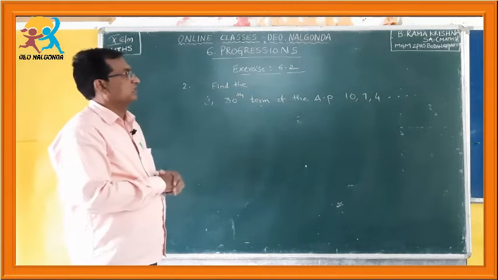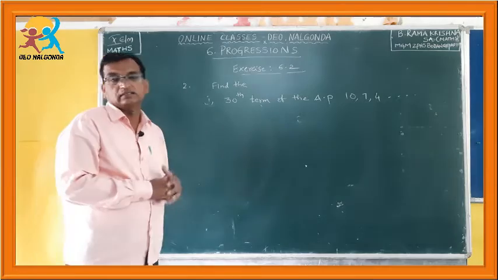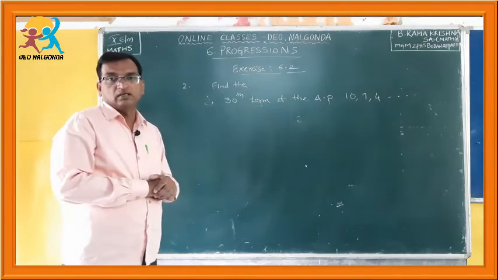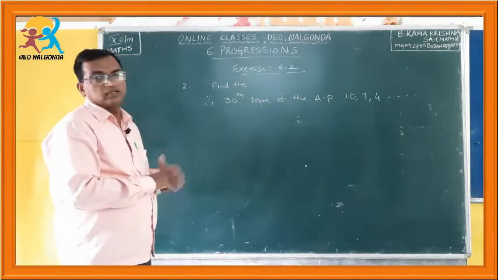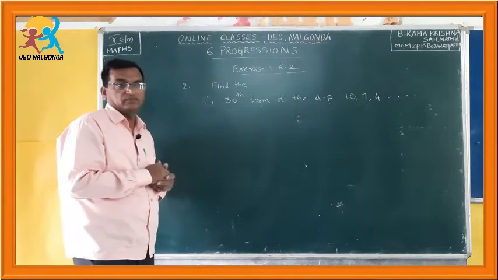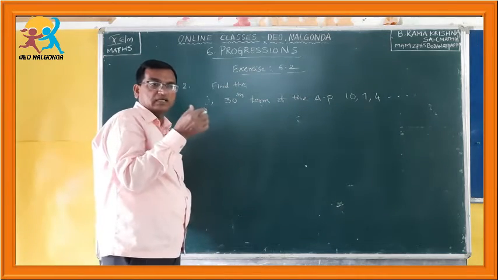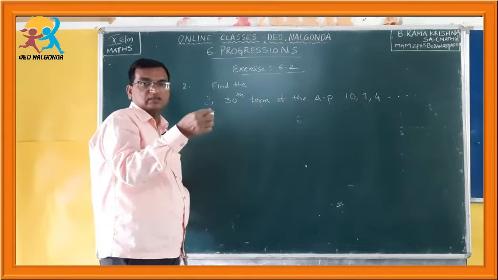So, here is an arithmetic progression given and he is asking us to find out the 30th term. Then immediately you should understand how to denote the 30th term. We already know how we denote the first term: A subscript 1, A sub 1.